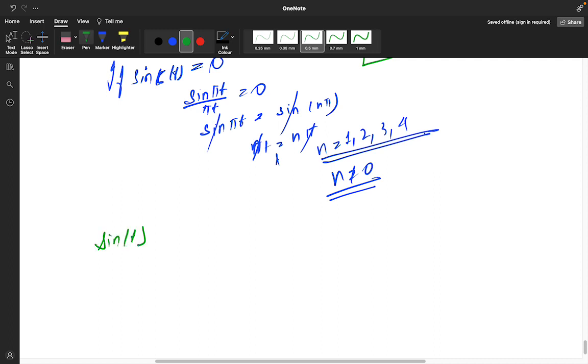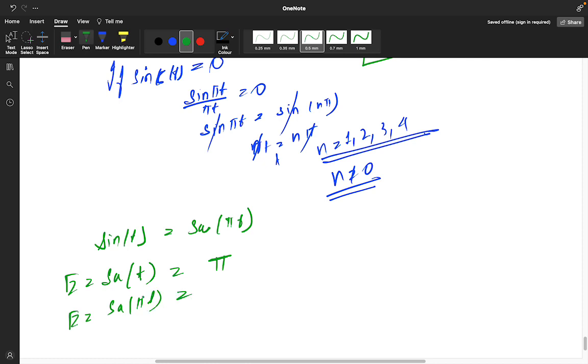Sinc t is nothing but sampling of pi t, and we know the energy of a sampling of t is pi. So the energy of sampling of pi t is divided by pi, so 1 will come. So the energy of a sinc function is 1.